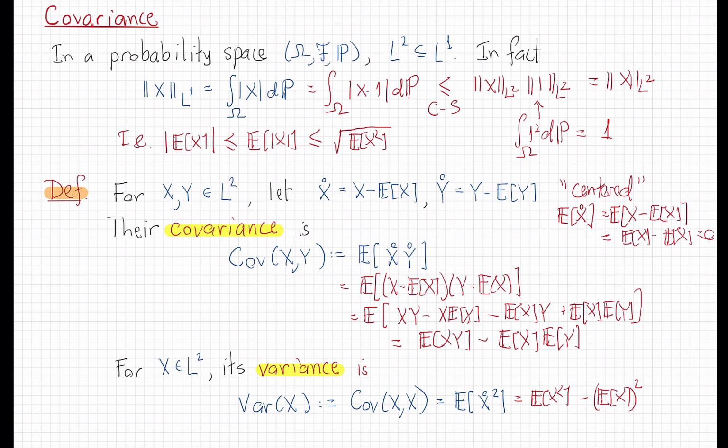And by what we did on the previous slide, we know that that is non-negative. The covariance could take a positive or a negative sign, but the variance of a random variable, the diagonal covariance, is always non-negative. Why would we care about these quantities? I hope to start convincing you in the next few slides that they are meaningful.